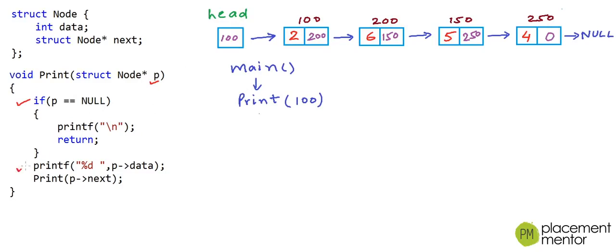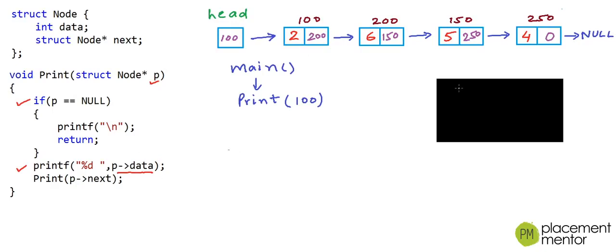We will print p arrow data. P arrow data means that we will first dereference the address, so we will go to the address 100 and then look at the data field there. So on the console we will print the data field at address 100, and now we will make a recursive call to the print function, passing it address p arrow next, which is 200.